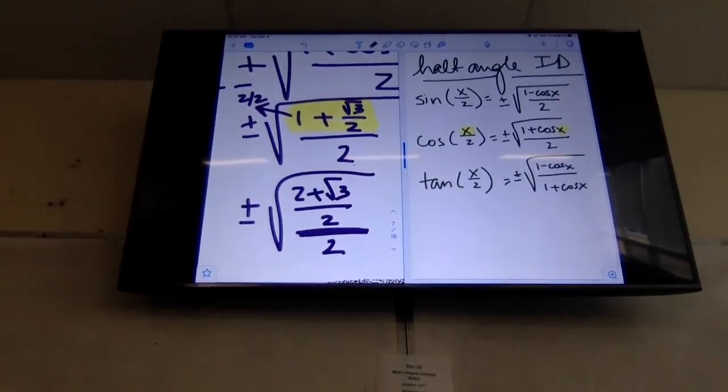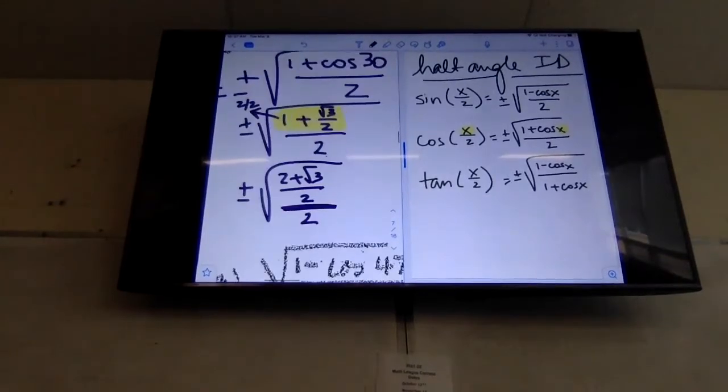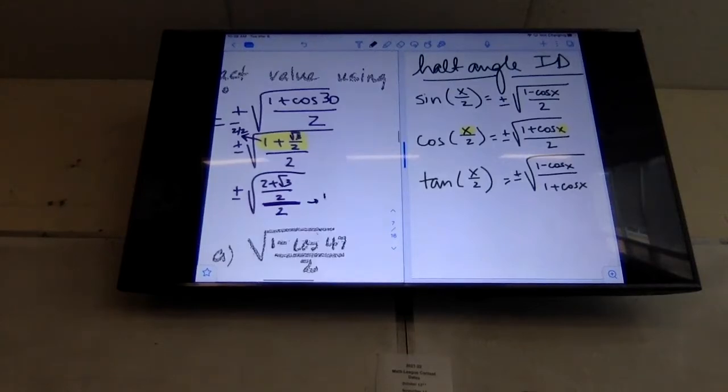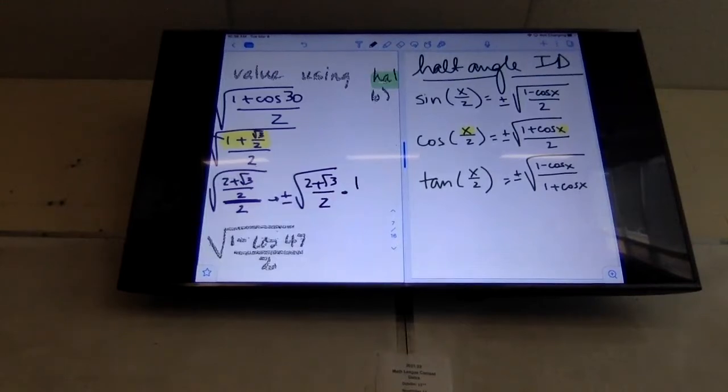We have to remember we've got this big, giant, ugly fraction. But we've gotten used to dealing with that. We can get rid of that big, ugly fraction by multiplying by the reciprocal. If I'm dividing by 2, that's the same thing as multiplying by 1/2.